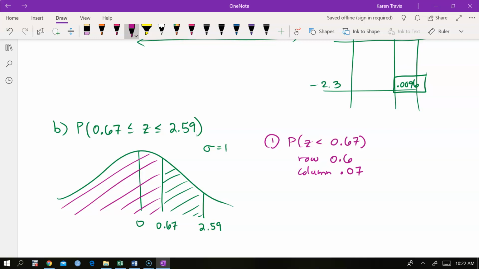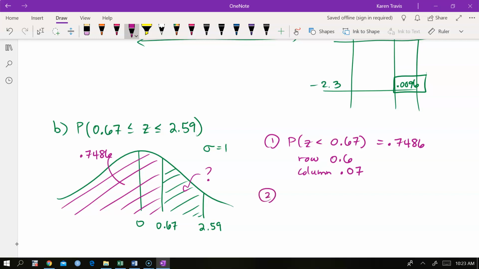Sorry, I ended up having the wrong table in front of me for a second. So when I look up the row of 0.6, and I look at the column of 0.07, I should see 0.7486. So this area is 0.7486. Notice I don't want that area. I'm trying to find this green area.